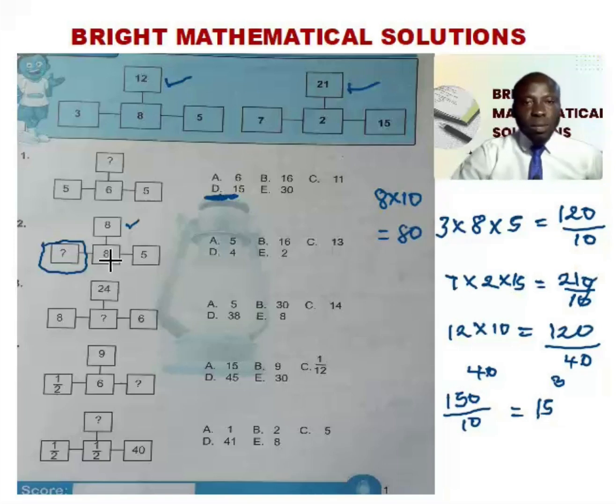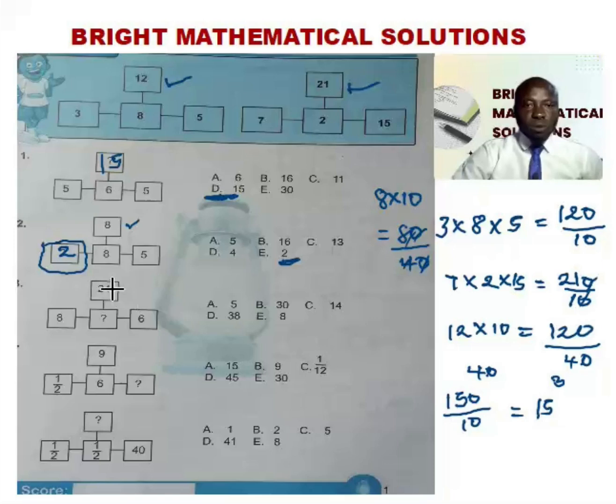So let us multiply the denominator here. 8 multiplied by 5 gives us 40. So 80 divided by 40 gives us 2. So our answer here is E. So 2 is the missing number, while 15 is the missing number here.